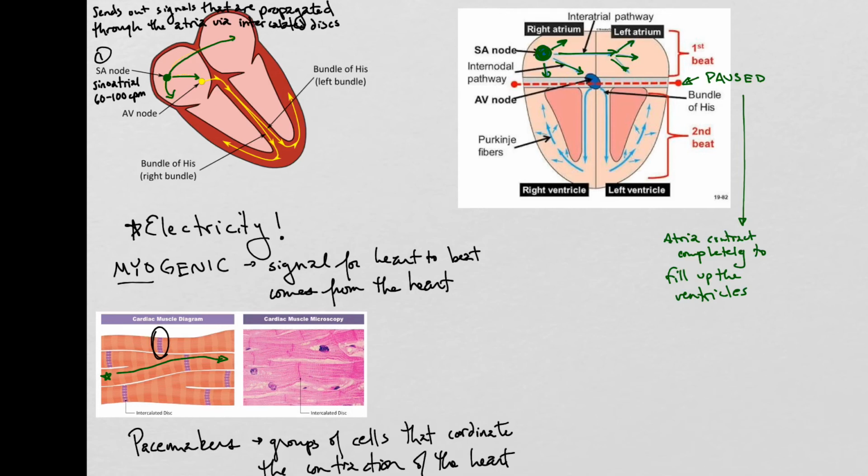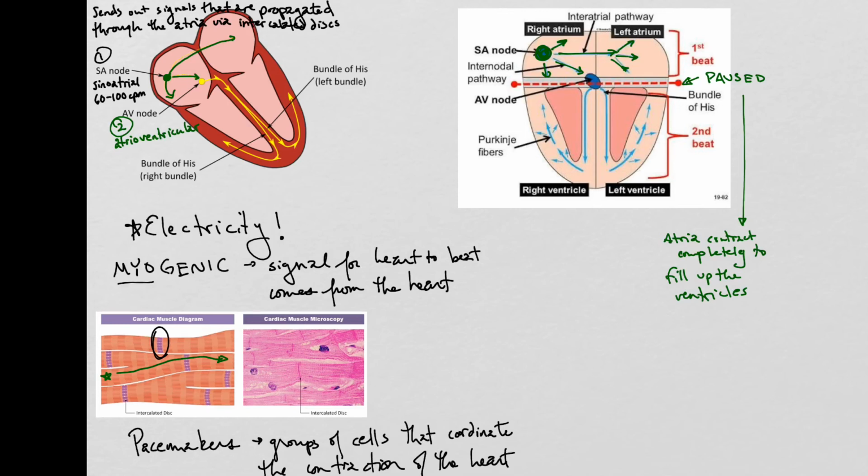So now this signal from the SA node is going to eventually travel to our second pacemaker, which is the AV node. AV is short for atrioventricular node. Now this AV node sends the signal a little bit more slowly than the SA node.